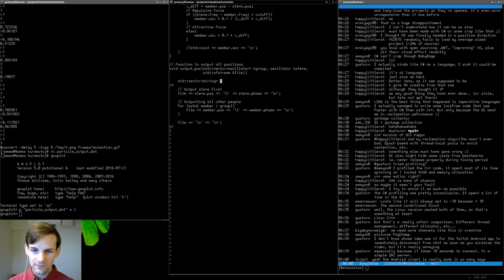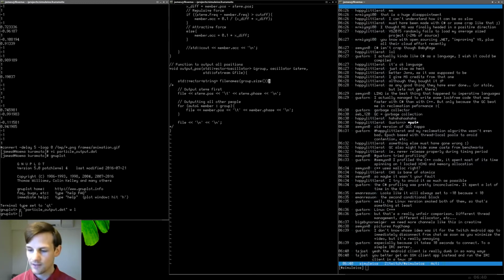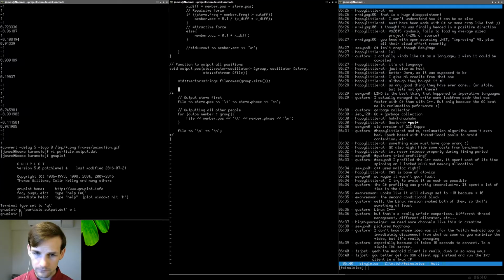Okay, so we need a vector of strings, and these are going to be file names. And it's going to be of group.size. And yeah, I could generate this in another way. I get that. This is okay for now. So what are we going to do? We're going to say for int i = 0; i < group.size; i++.